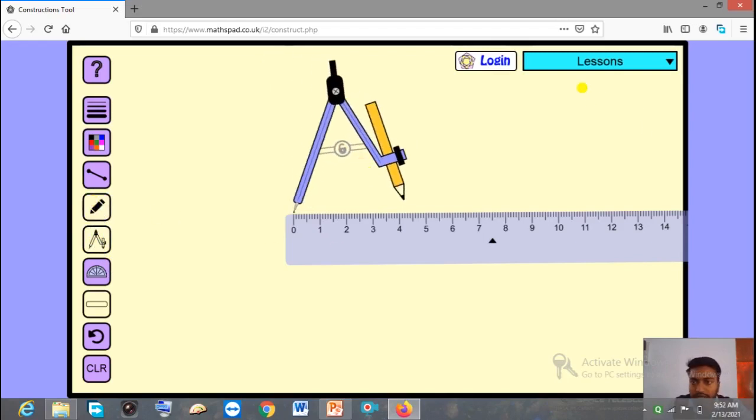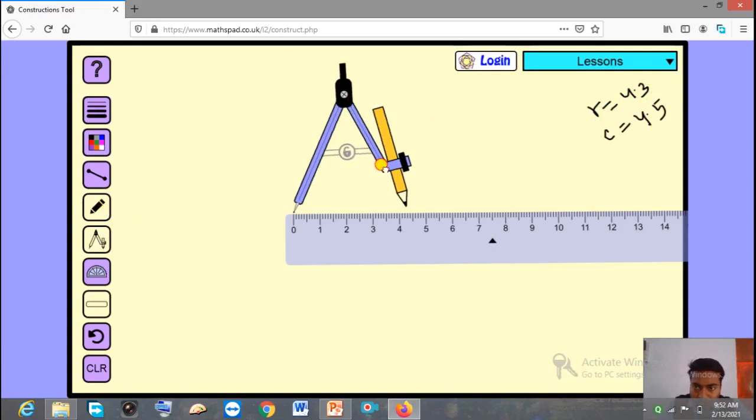The radius we have is 4.3 centimeter, and the chord length we have is 4.5 centimeter. So now we have to draw the circle. We will measure 4.3. As you can see on the screen, this is 4.3.